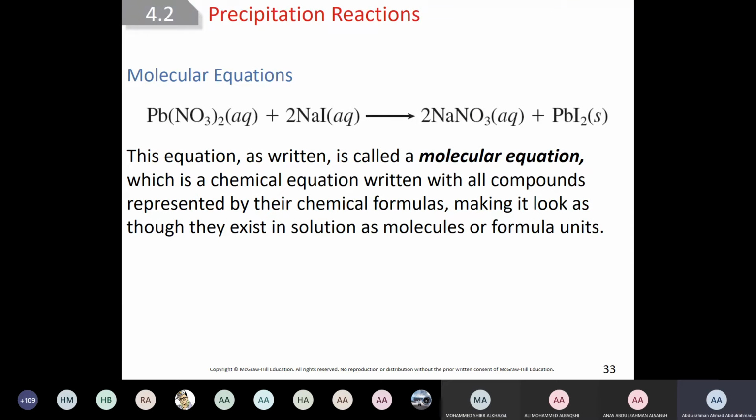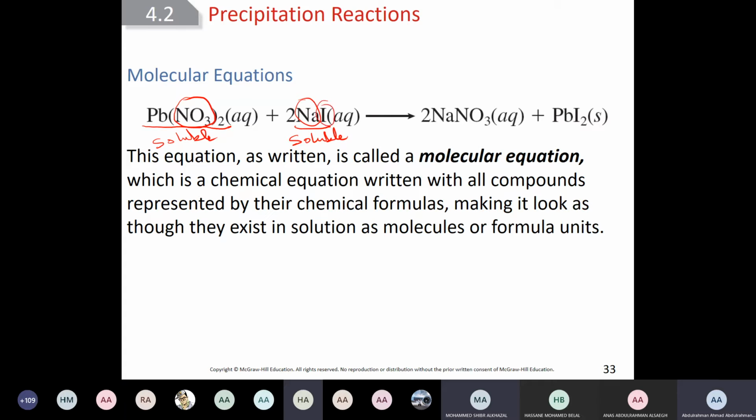PbNO3, is it soluble or not soluble? Soluble. Why? Because it contains nitrate. And this one, sodium iodide, soluble also. Why? It has sodium. Iodide dissolves with sodium.